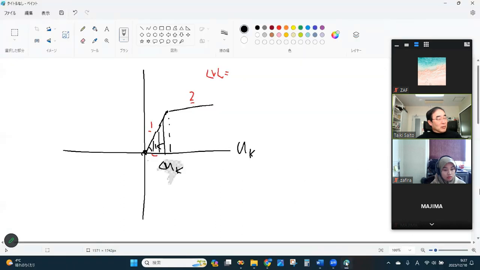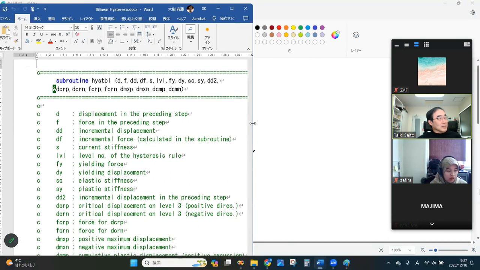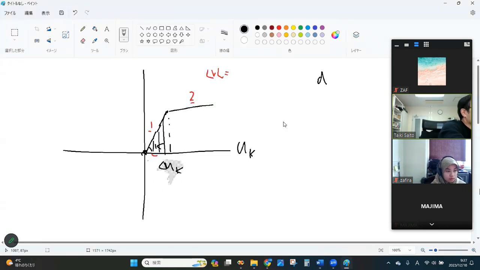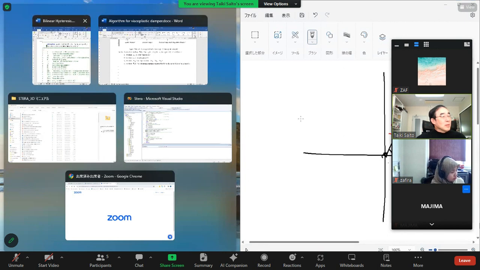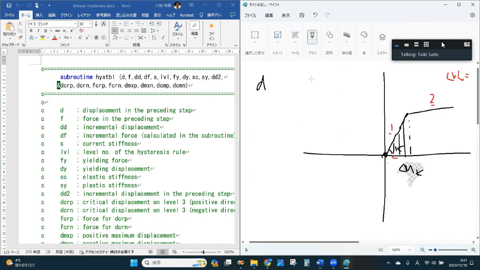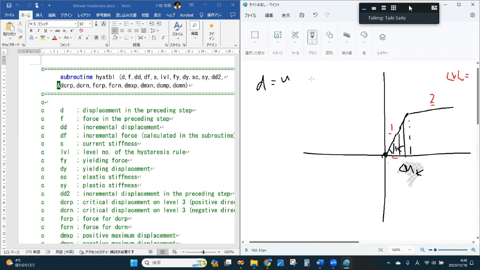Okay, I will go back to this one. So the document I sent to you is this one, bilinear hysteresis. Okay, I will explain this one. So, so D is UK.